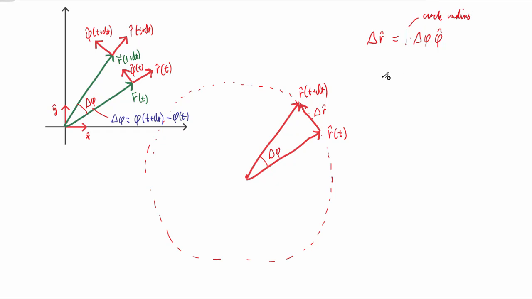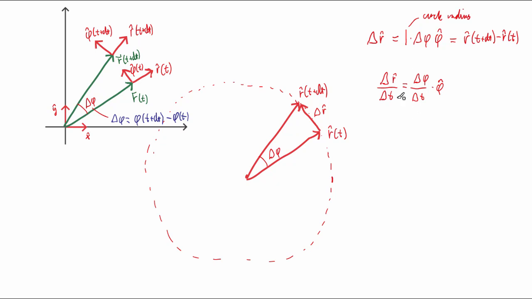From this we can see immediately that we can take delta r hat, we can divide it by delta t. That is equal to delta phi divided by delta t times phi hat. Now, because of the way we define delta r hat, it is also defined as, write it down explicitly, r hat at t plus dt minus r hat at t, and the same thing for delta phi.